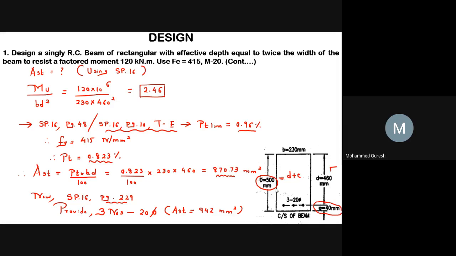Alternatively, you may also calculate this value of PT by using the equation PT equals to 50 FCK by Fy into 1 minus under root of 1 minus 4.6 Mu upon FCK BD square.